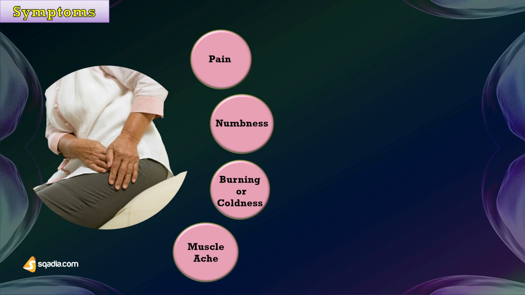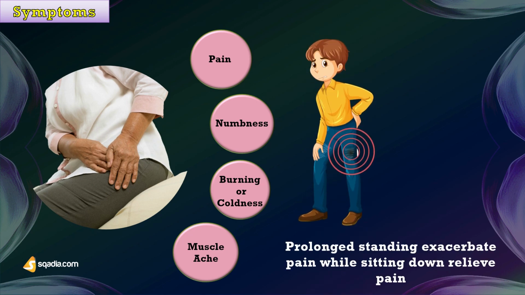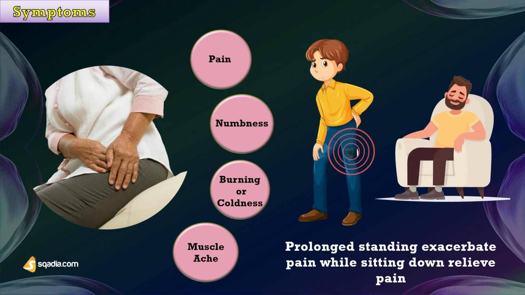It's fascinating to observe the impact of body position on Meralgia Paresthetica symptoms. Prolonged standing or walking tends to exacerbate the pain and discomfort, while sitting can provide some relief. This can be attributed to the reduced tension on the lateral femoral cutaneous nerve or inguinal ligament in a seated position.